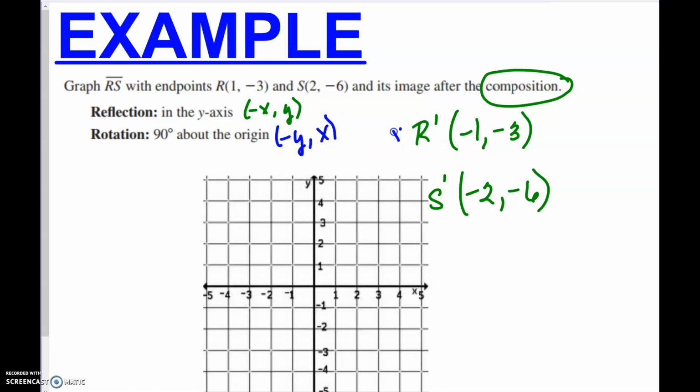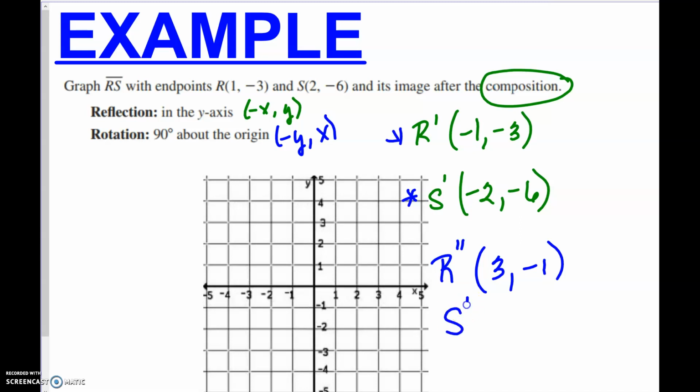So I have to start now at my images. So what I've already done, the reflection across the y-axis. Now I have to do double prime because it's a composition, it is the next thing. So this time what I'm going to do is take the y in front and it's going to change signs, so it becomes 3, and then the x value stays the same, so we have -1.